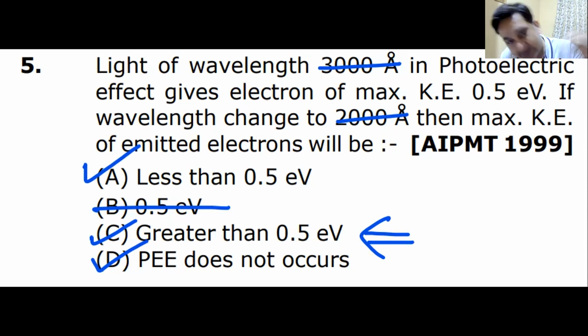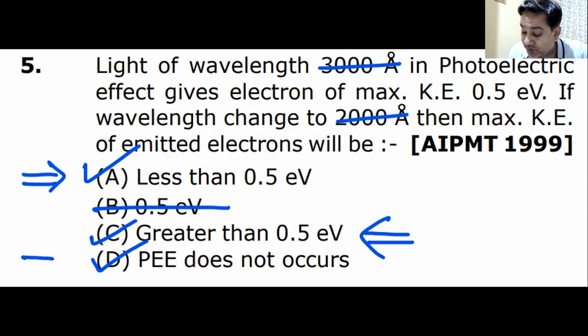Now, let us move on to the same question. This question is based on frequency, and the frequency has decreased. Now, what are the two options that are possible? Decreases, less than 0.5. So it can be this option, but it can also be this option because the frequency may have become lower than the threshold frequency.